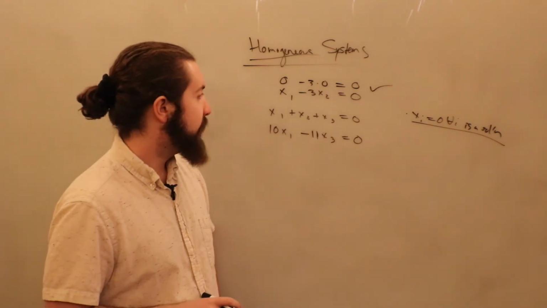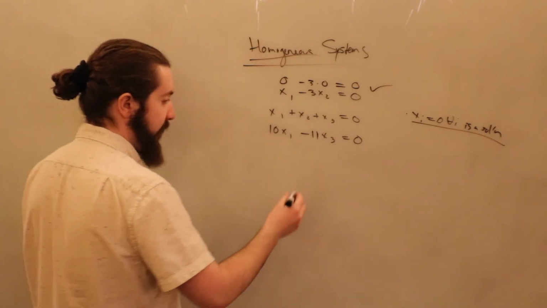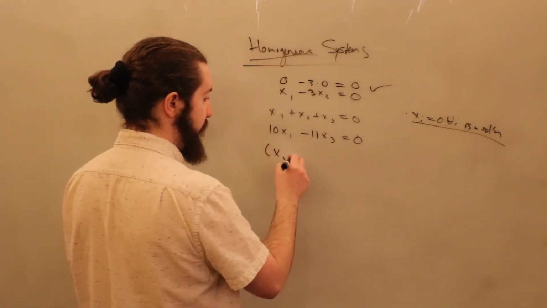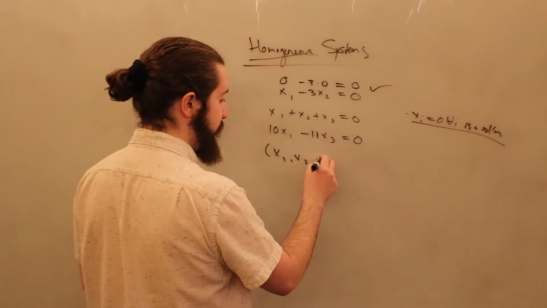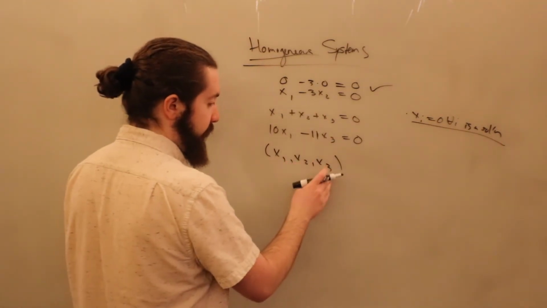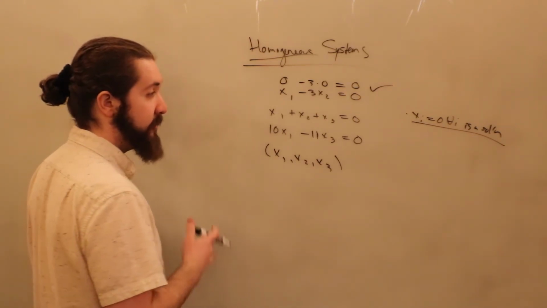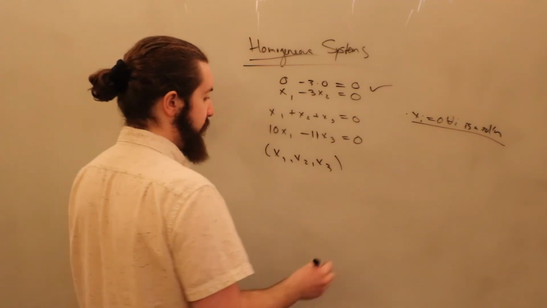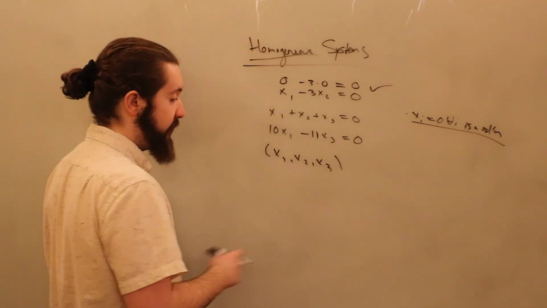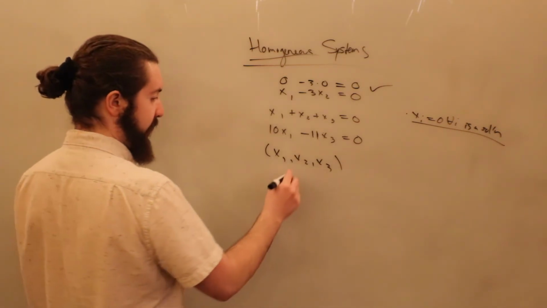All right, well, a second property they have is if you have one solution, say x1, x2, x3, let's just say it's a three-dimensional system like this, then any scalar multiple of that is also a solution. That includes scaling by 0 because of this fact, although that's not very interesting.